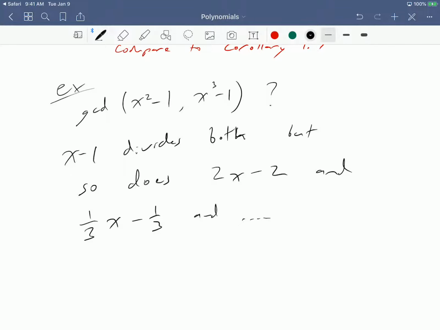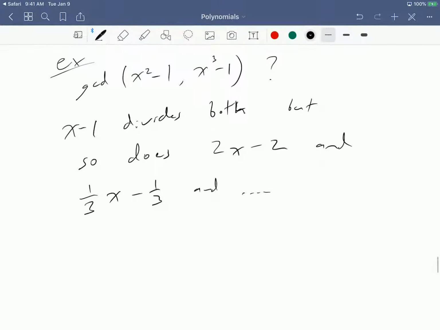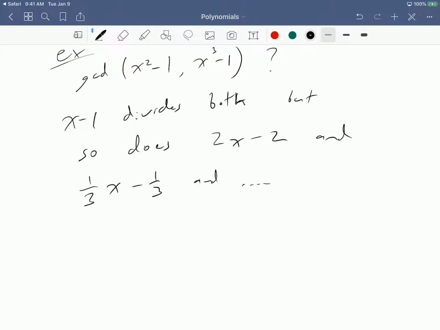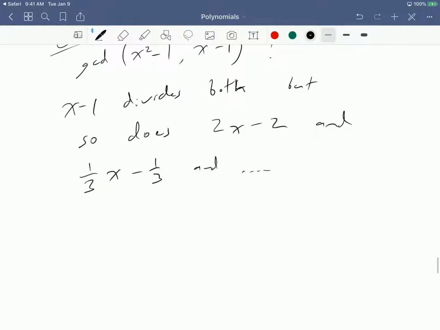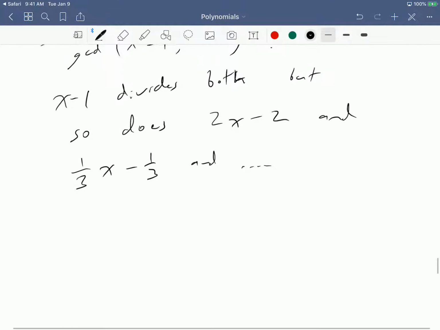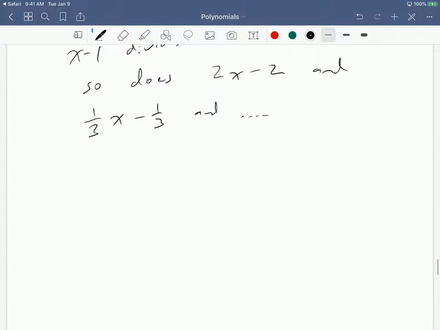So a greatest common divisor of two polynomials is not unique, because any constant multiple of a greatest common divisor is also a greatest common divisor. So the GCD of two polynomials is unique only up to constant multiples.